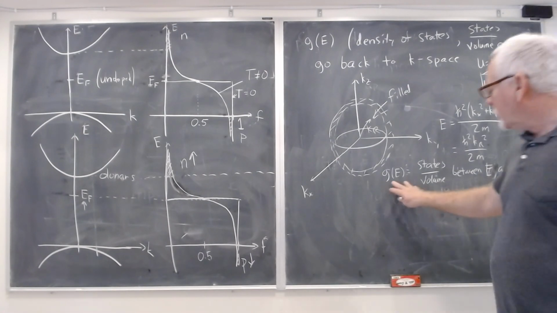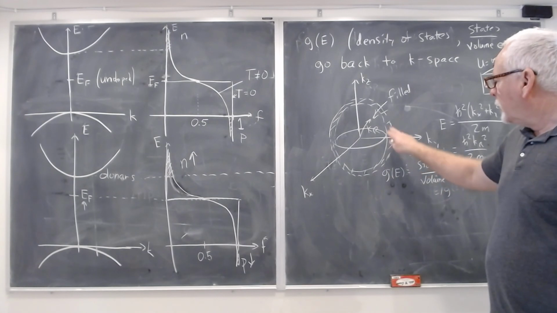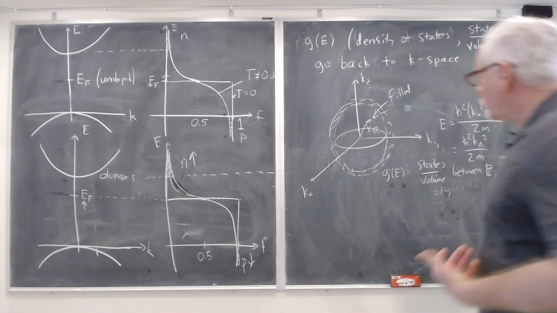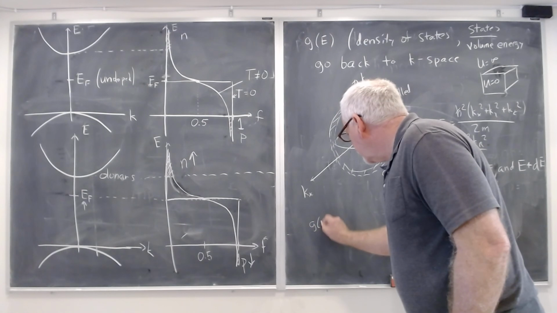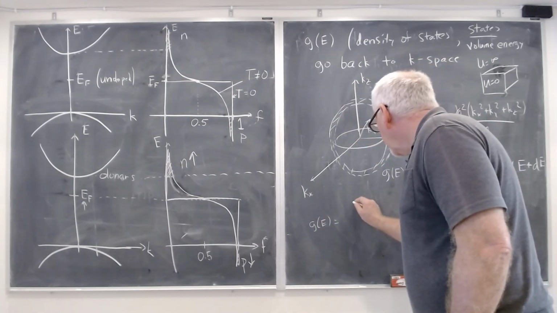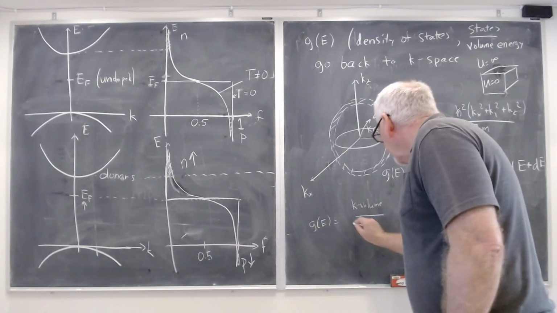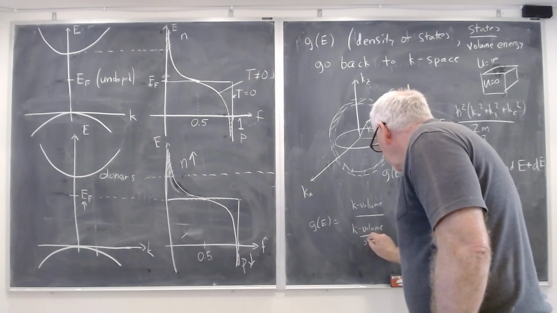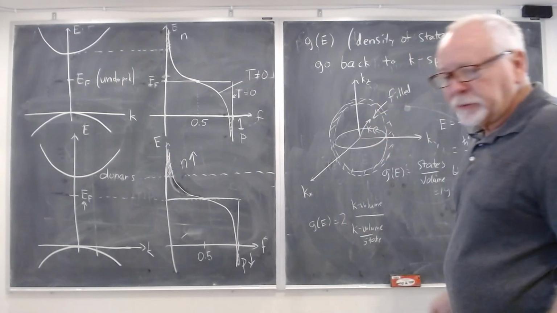And that tells me what the density of states are, G of E, at a position E. All right, so let's just walk through it. So G of E then is equal to the K volume over the K volume per state times 2, because remember, spin up, spin down.